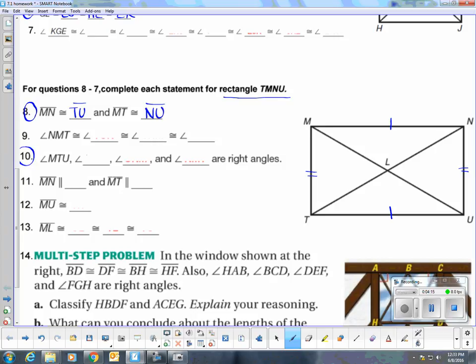Angle MTU is a right angle, angle MTU. It is congruent to the other 3 angles in the rectangle.